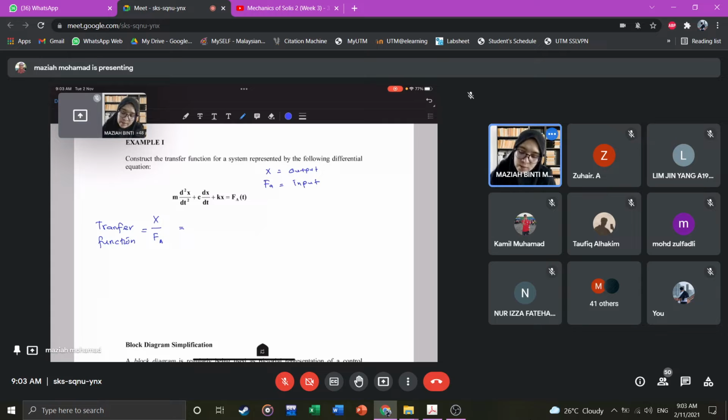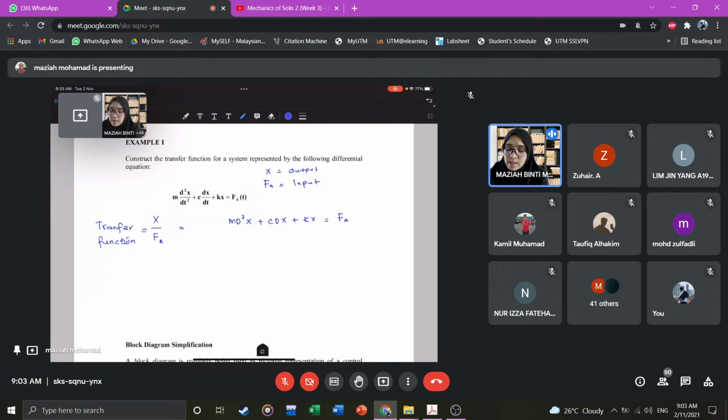First we need to separate X from there. So we have M D squared X plus C D X plus K X equal to FA. Notice FA is in time because X is also in time, but because there is d over dt, we just write X there.